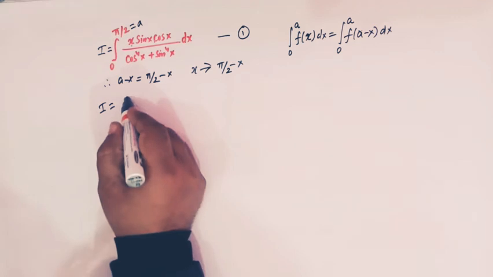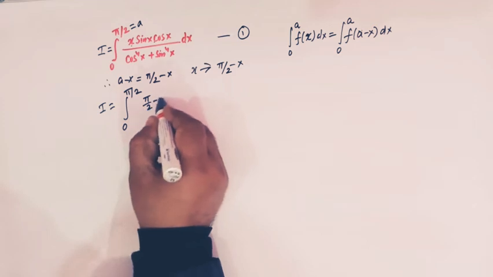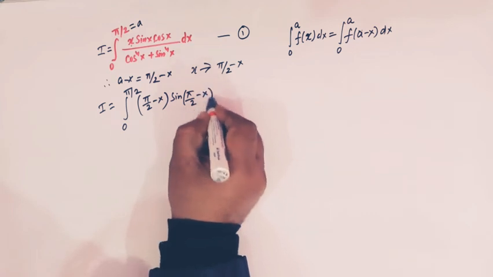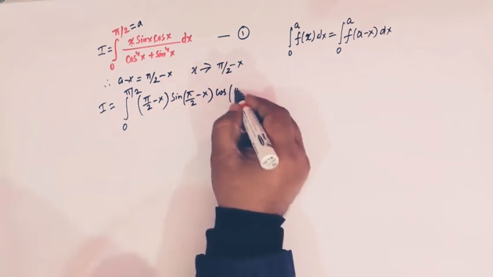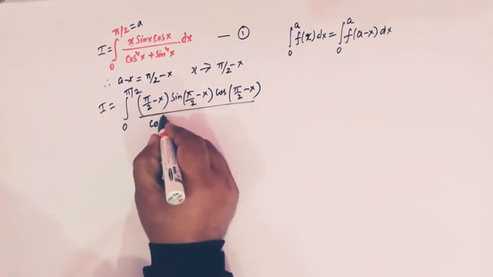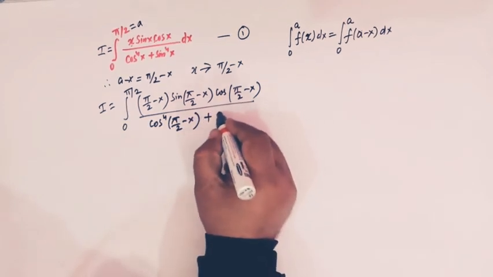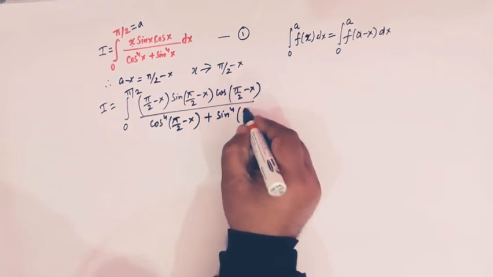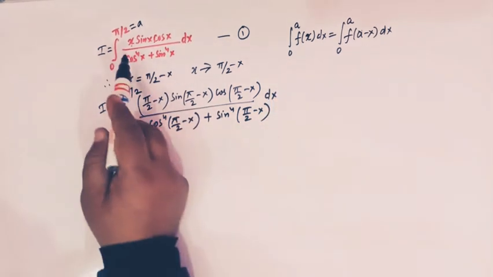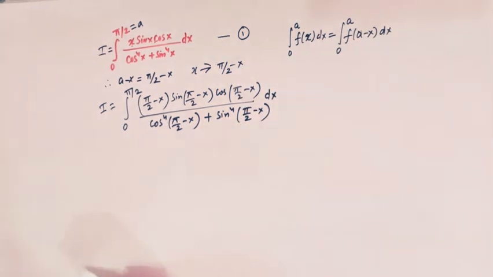This integral now takes the form 0 to pi by 2 of (pi by 2 minus x) sin(pi by 2 minus x) cos(pi by 2 minus x) divided by cos^4(pi by 2 minus x) plus sin^4(pi by 2 minus x). So we have replaced each x by pi by 2 minus x due to this property.